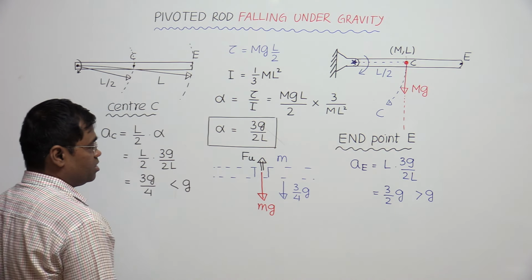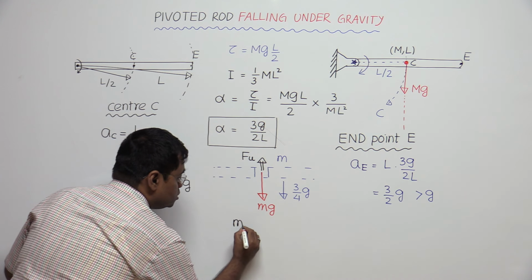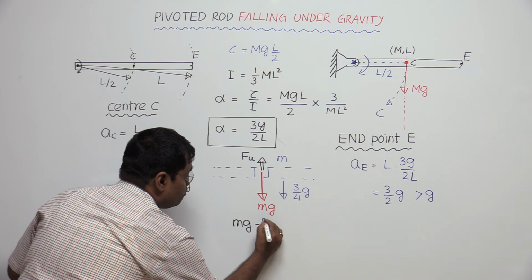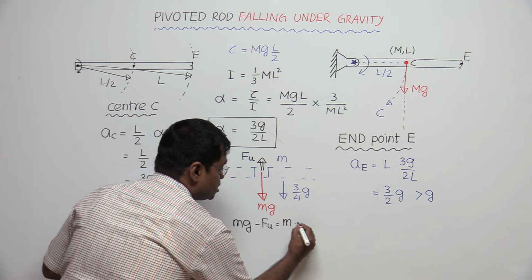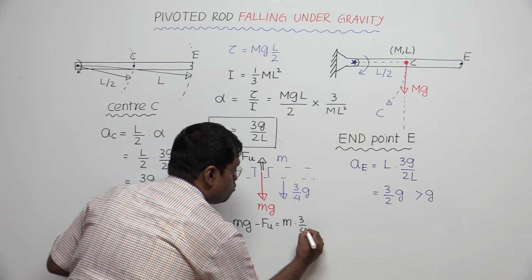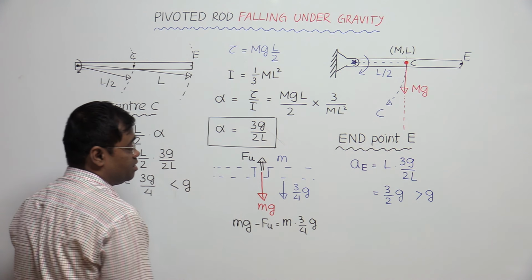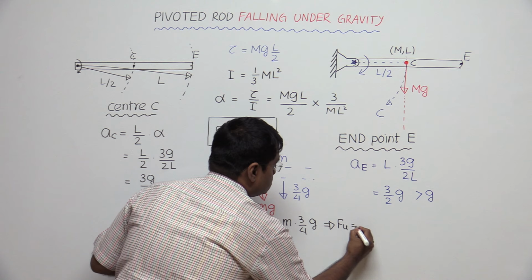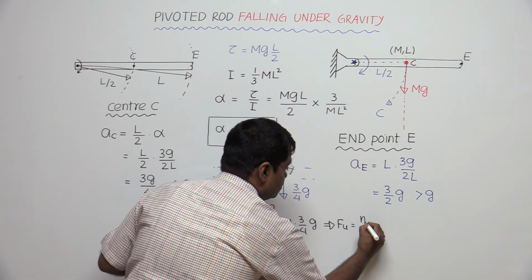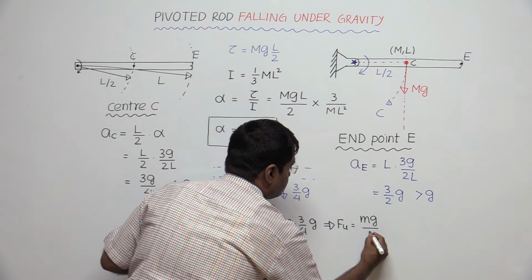Now, by Newton's law, we can write the driving force mg minus the unknown opposing force Fu equals the mass of this small part times the corresponding acceleration, 3 out of 4 of g. From that we can estimate Fu. Fu equals, subtracting, mg upon 4.